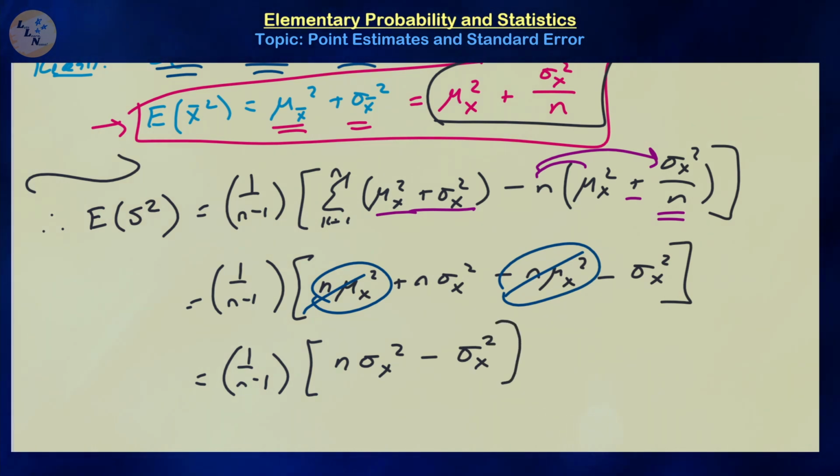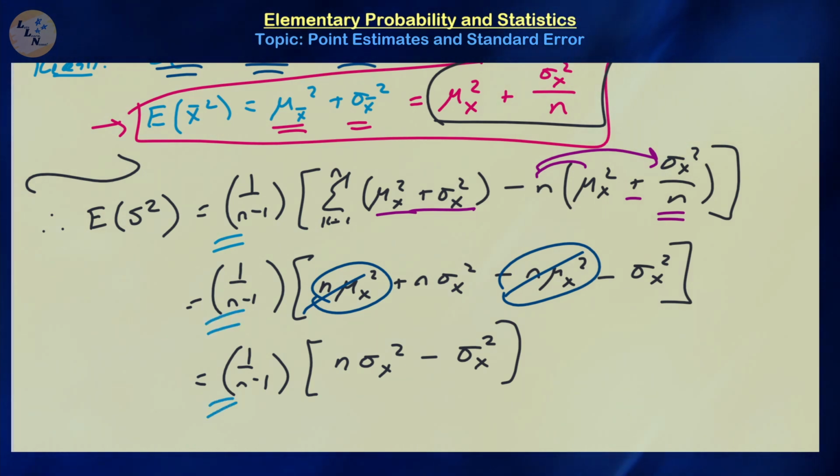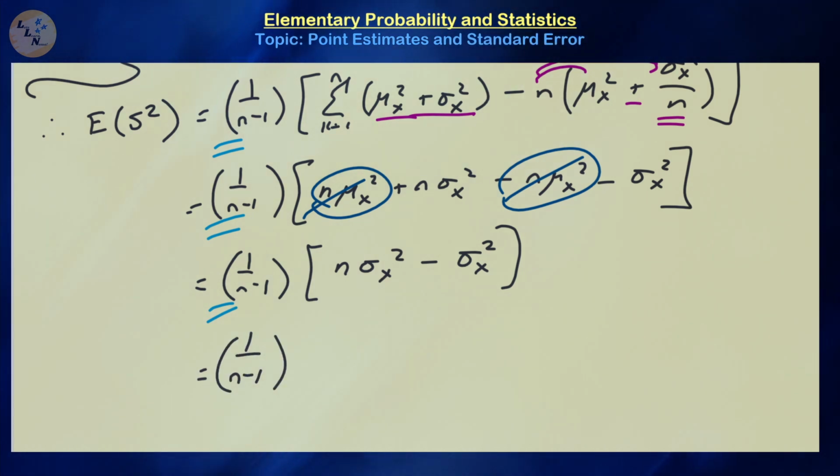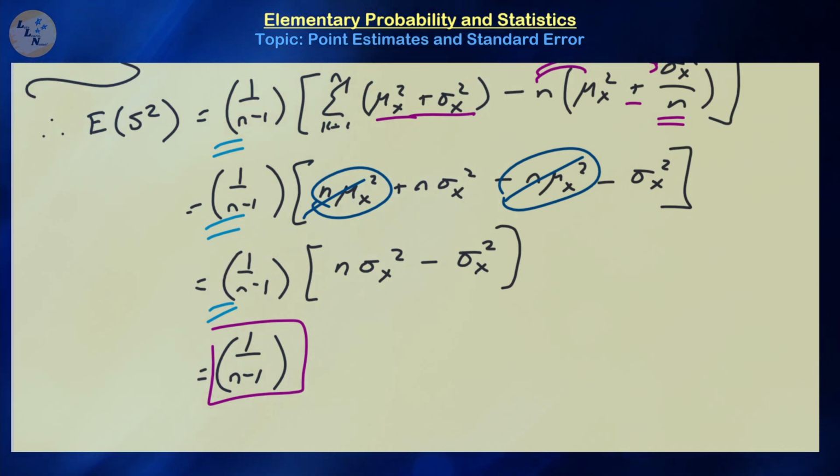Now remember, we're assuming that the unbiased estimator for s squared is 1 over n minus 1 times the sum of squared differences. So this 1 over n minus 1, this constant, technically is unknown. So if we were to use 1 over n instead of 1 over n minus 1, then we would have that 1 over n sort of chilling there. But notice what that constant, in particular this one, needs to be in order for us to have sigma x squared as our answer.